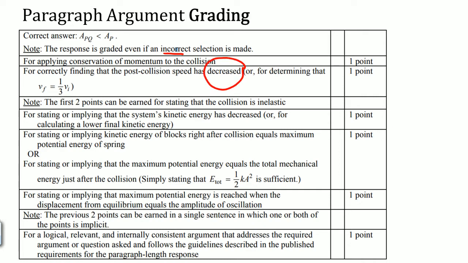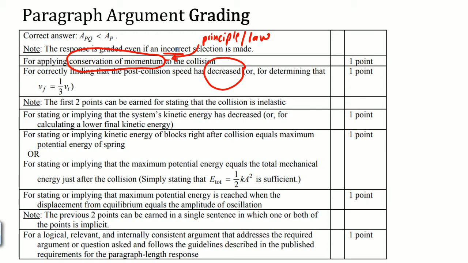Oh, first of all, sorry, they apply the conservation of momentum. So this is to state a principle or a law. And here they use conservation of momentum. If you said conservation of energy, you might not get the point here. It has to be conservation of momentum because it was a collision.